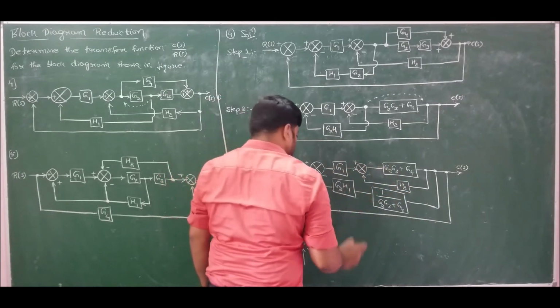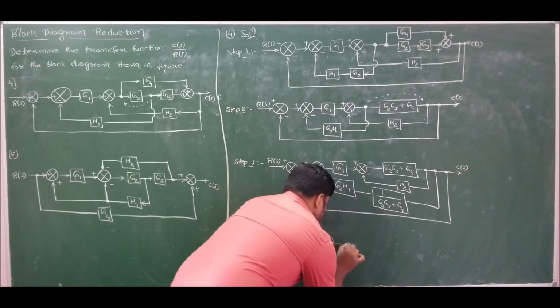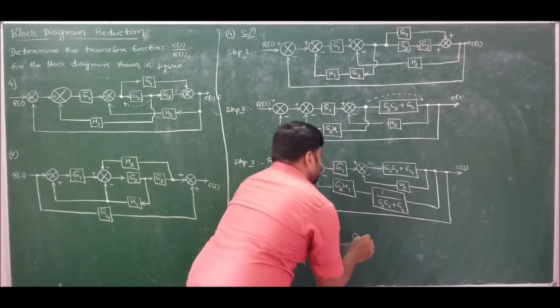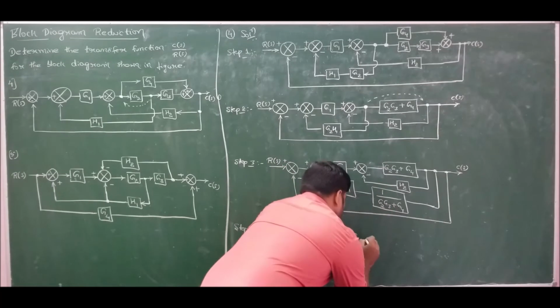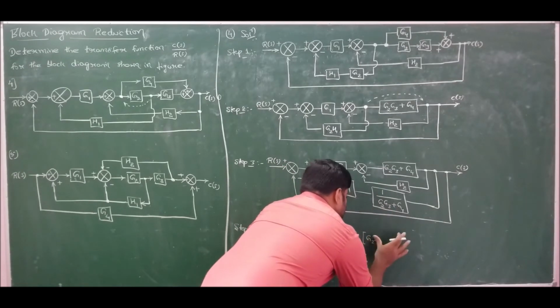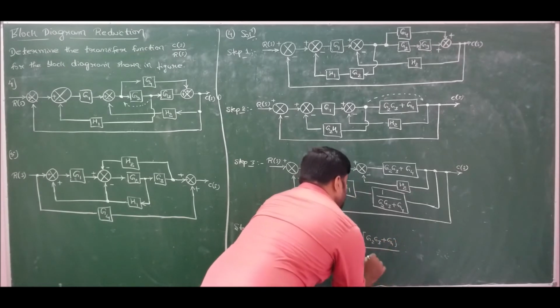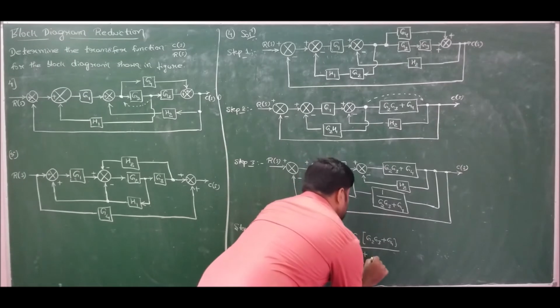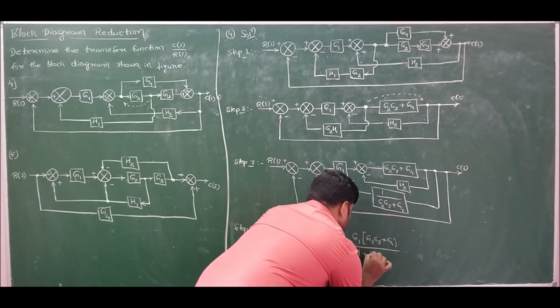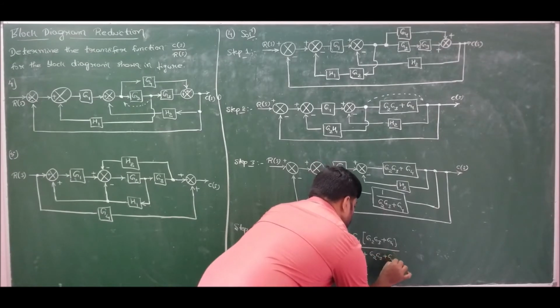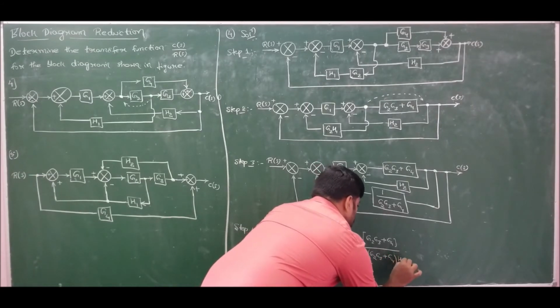So G1 will get multiplied to this, that is we have G1 into G of S by 1 plus G of S into H of S, G1 into G of S, G2 G3 plus G4, G of S divided by 1 plus G of S into H of S, that is G2 G3 plus G4 into H2.